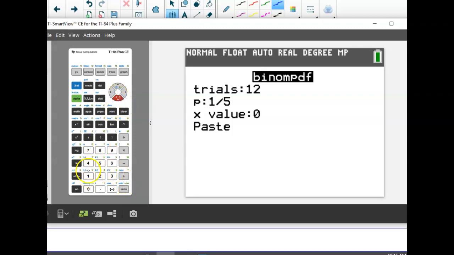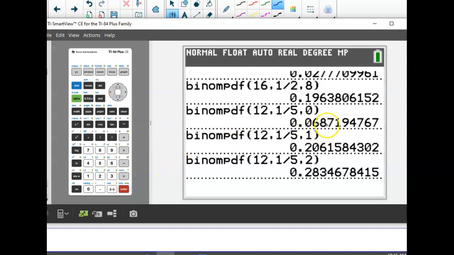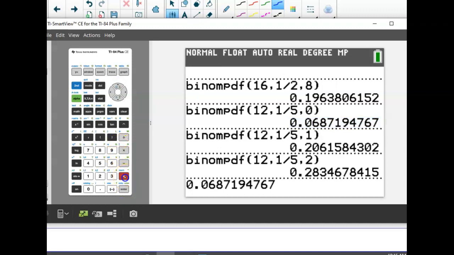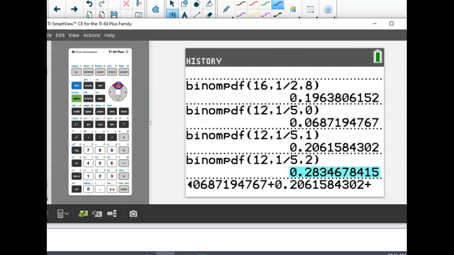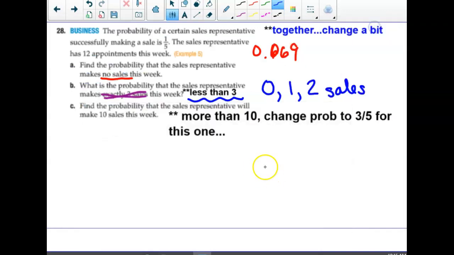So I'm going to go down to 1 sale, hit enter, and then do it again and change it to 2 sales. But then what am I going to do with all those values? I need to add up the chance that he makes 0 or 1 or 2. So I'm going to add up this probability plus this probability plus this probability. Okay, so it's about 0.558 that he makes less than 3.